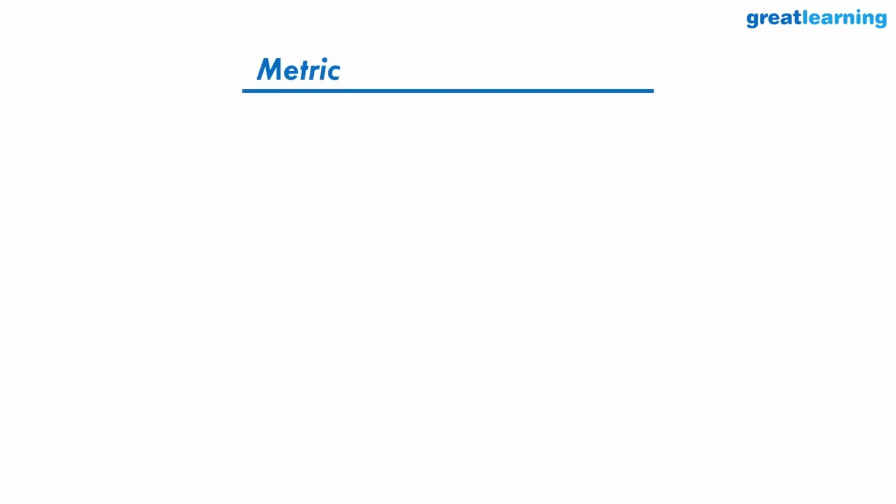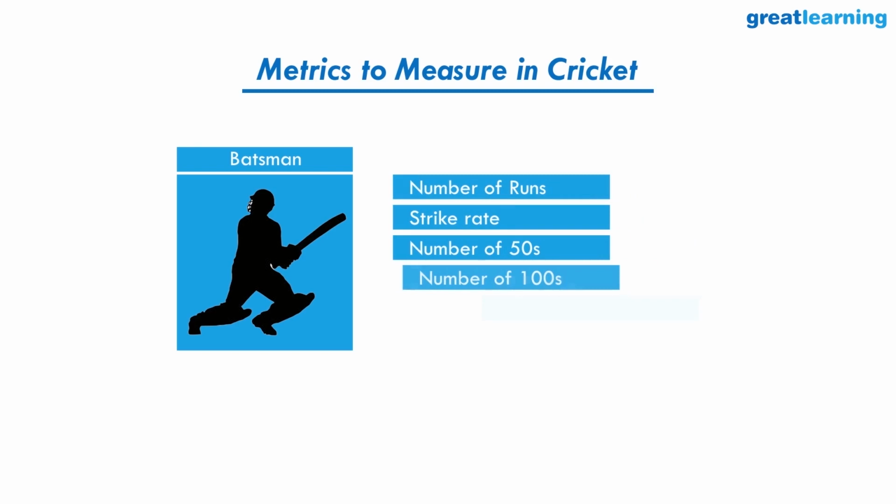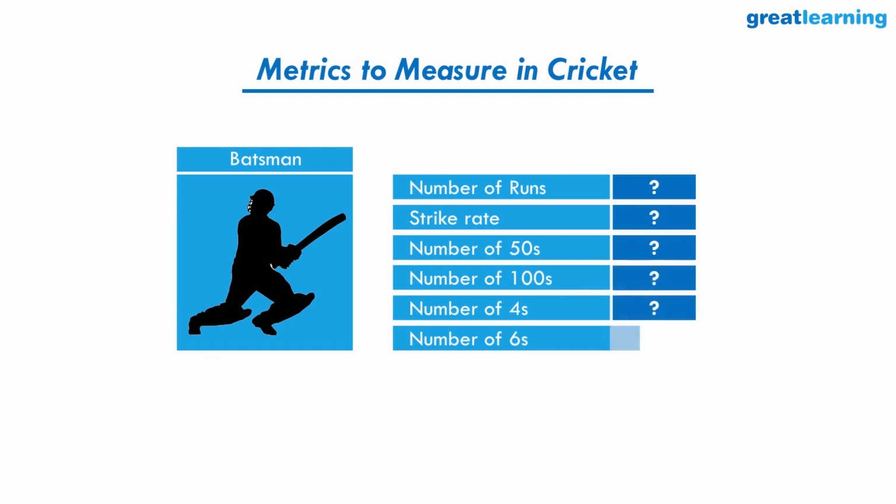Say, for example, you want to rate sports players. Let's say, for example, you want to rate the IPL batsmen or the IPL bowlers. In the case of a batsman, you can think of all the things about cricket in terms of how much the batsman has scored, what is the strike rate, the number of 50s, the number of hundreds, the number of fours, the number of sixes.